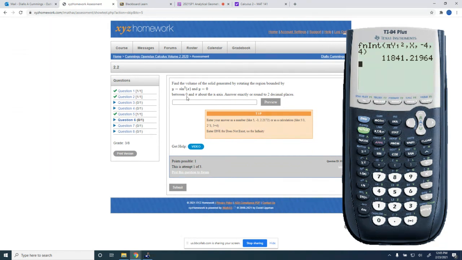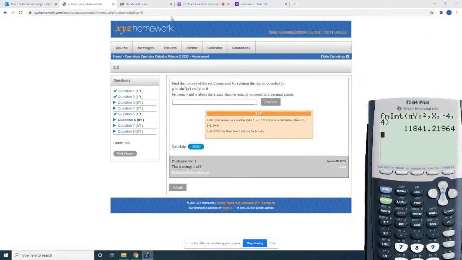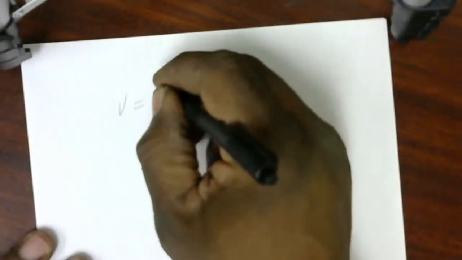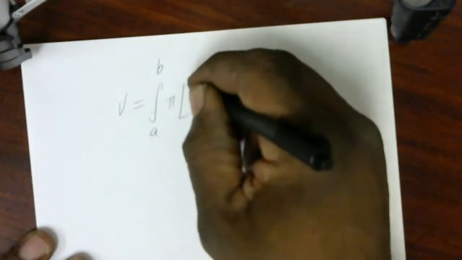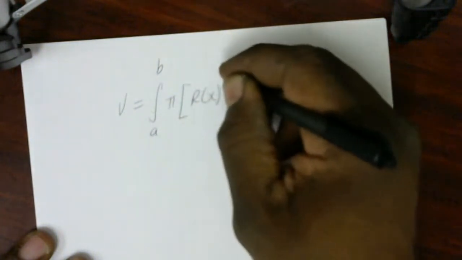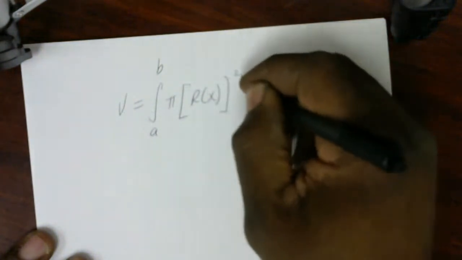All right, so I'm going to go back to the camera and write this out. So the volume is equal to the integral from a to b of pi times the radius squared dx.